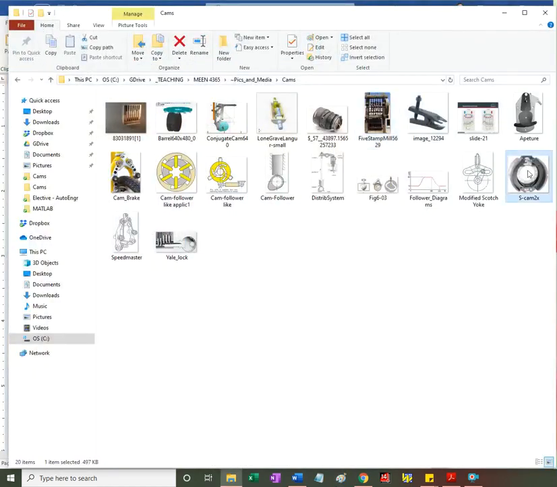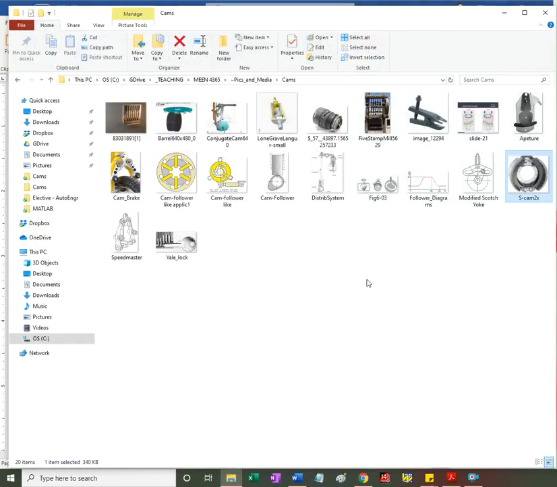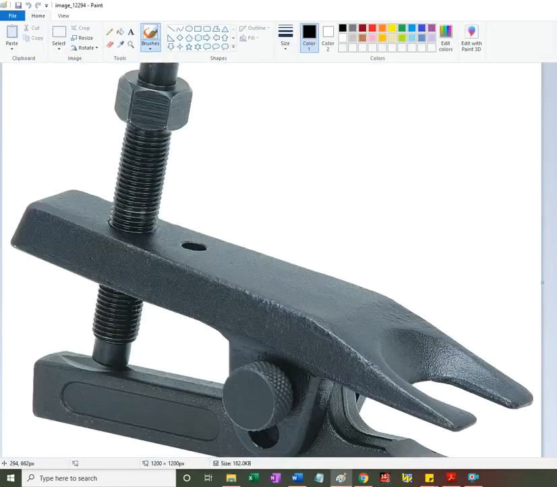Okay, there are S-cams used in trucks, truck brakes. On the BUV in the machine shop, we implemented an S-cam type braking mechanism, and this could be analyzed as a cam mechanism.